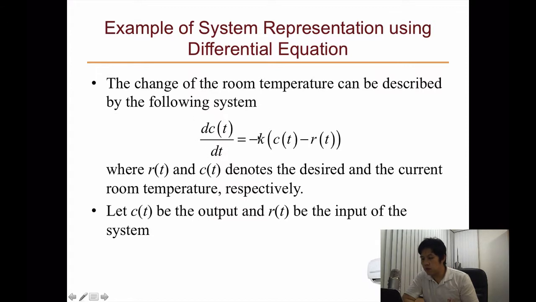It should be equal to minus K times (c(t) minus r(t)), which is the difference between the actual temperature and the desired temperature. The negative operator here denotes that it should be decreased, because we are talking about Thailand. It's too hot, so the system has to try to cool down the room. So in this case, you can see that this equation represents the differential relationship between c(t), the output, and r(t), the input of the system.